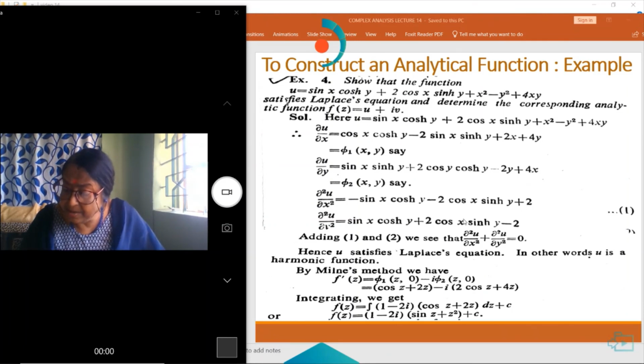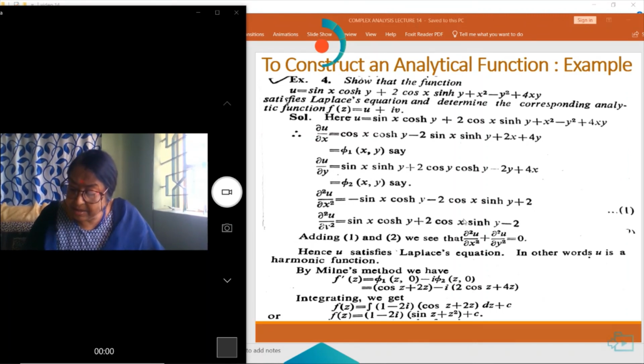Here, by applying Milne-Thomson's method, we are transforming the expression in x, y into z. So integrating, we get f(z) as whatever is seen on your screen.